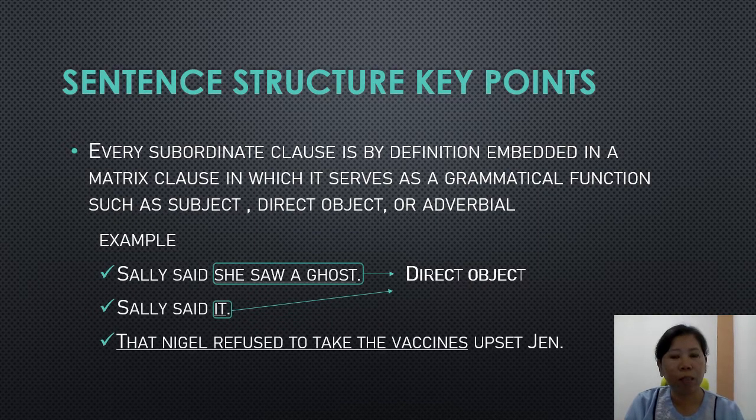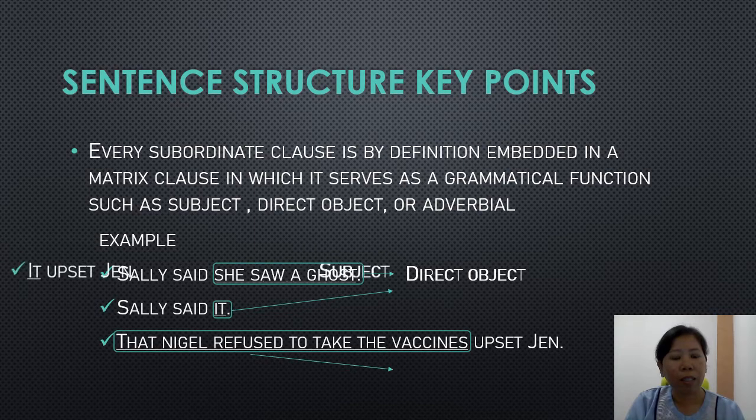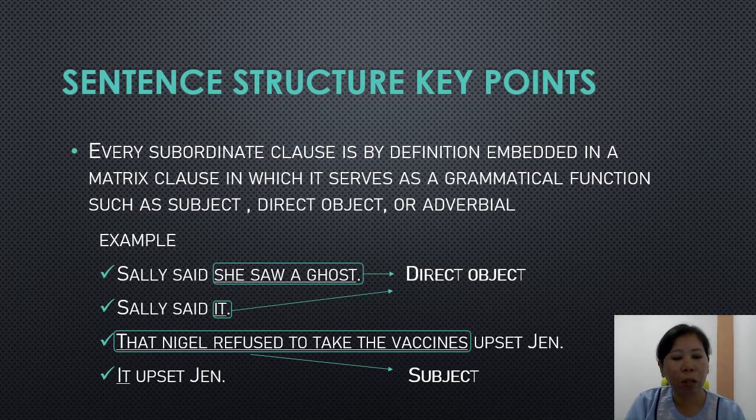Now, let's take a look at example number 3. That Nigel refused to take the vaccines upset Jen. The underlined clause is the subject, and we can replace the underlined clause with the pronoun it.